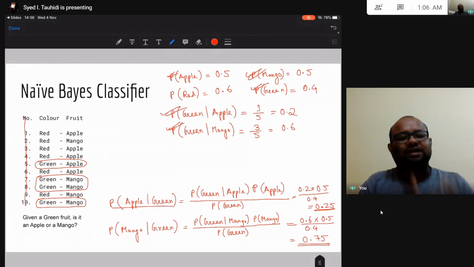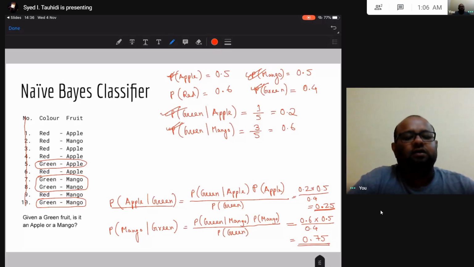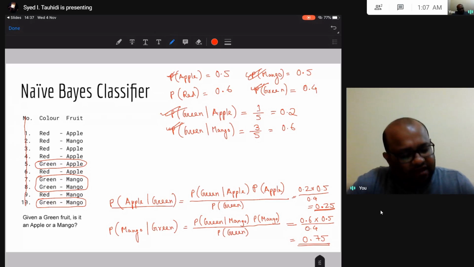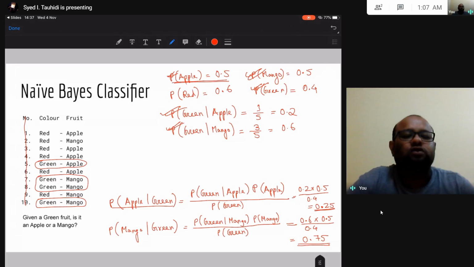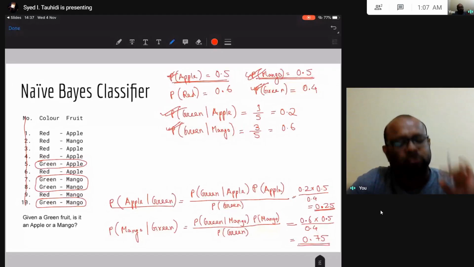So my data set needs to be representative of the world, of the total population. If I have found in my data set that 50% of the fruits are apple and 50% of the fruits are mangoes, then really all over the world 50% of the fruit should be apple, 50% should be mango.